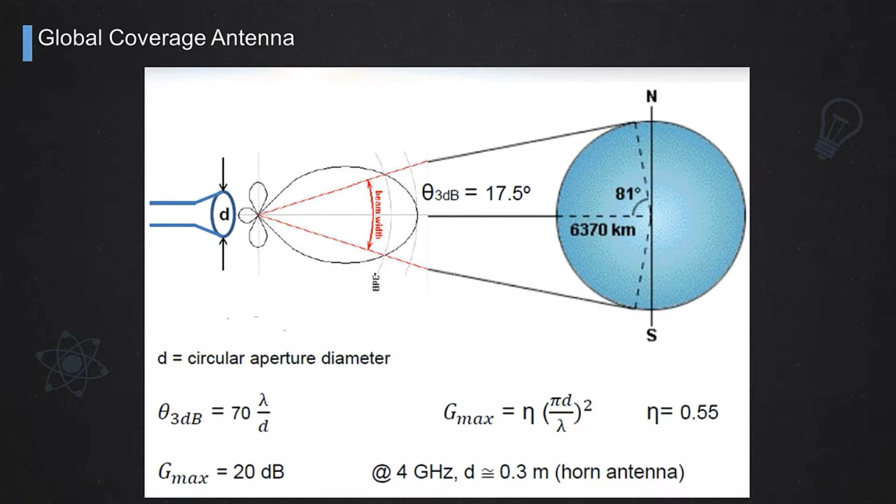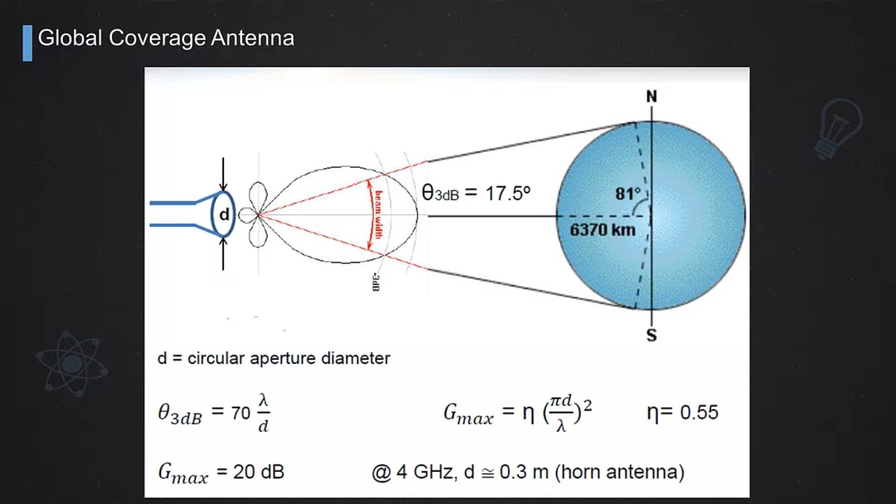We remember that we want the formula to get the half-power beamwidth as a function of lambda, the wavelength of operation, and the linear dimension of the antenna. In this case, we consider a circular aperture, so the linear dimension is the diameter of the antenna itself. We can derive the gain from the same formula with a simple transformation.